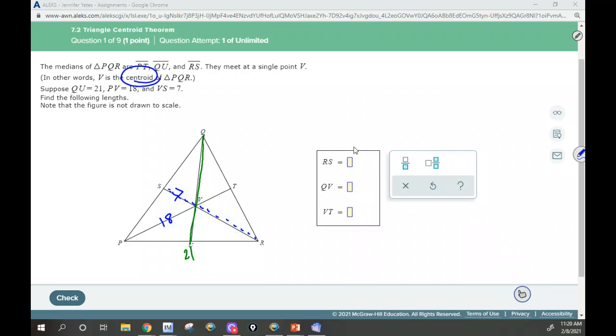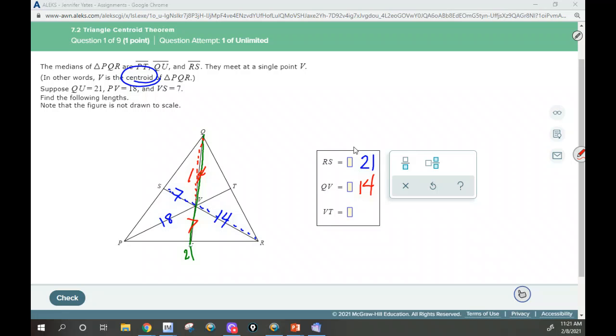So if this is 7, then this piece is 14, which means the total line is 14 plus 7, which is 21. All right, QV is where? Here. I know the whole piece is 21. So the short piece, divided by 3, would be what? 7. Double it, and that piece would be 14.